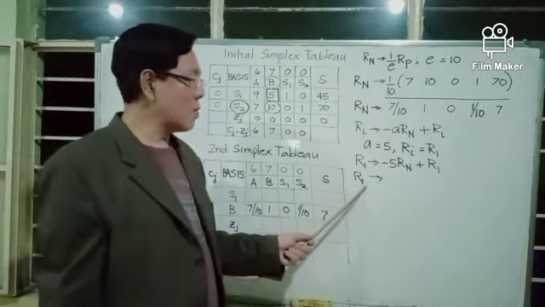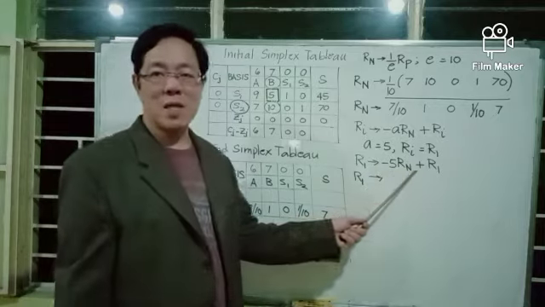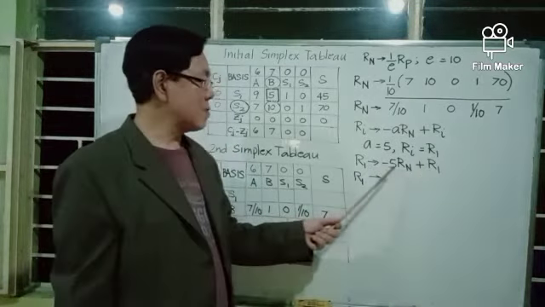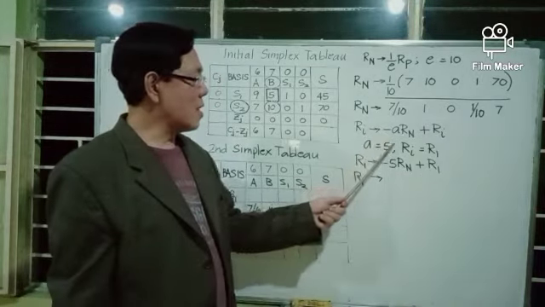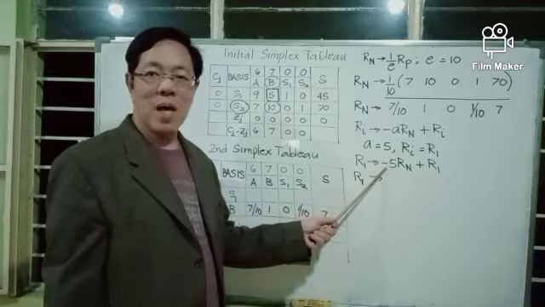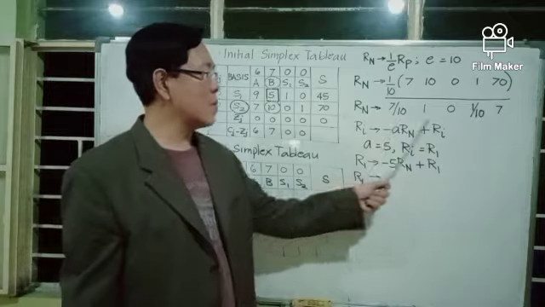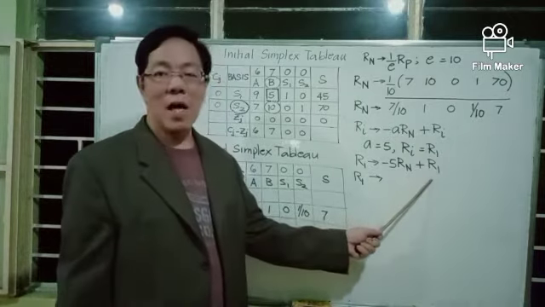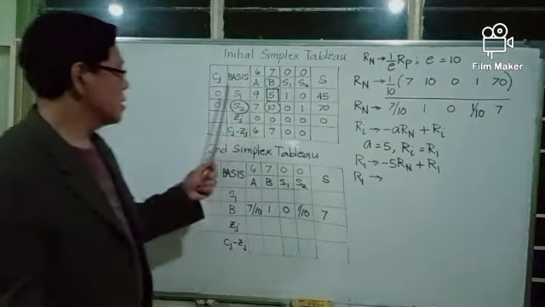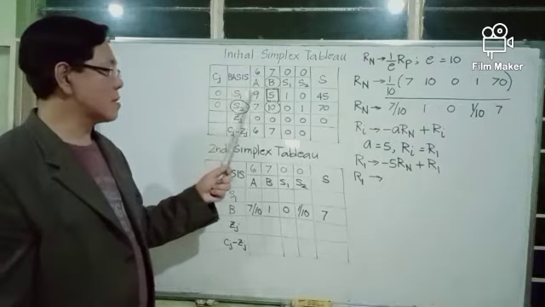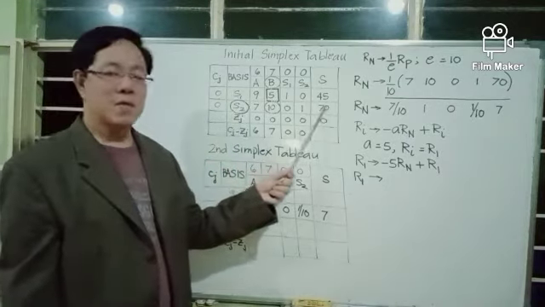Now R1 is to be replaced by performing this elementary row operation. We have minus A, which is 5, so we have minus 5 multiplied by the entries of the new pivot row, plus the entries of row 1. The entries of row 1 are 9, 5, 1, 0, 45.